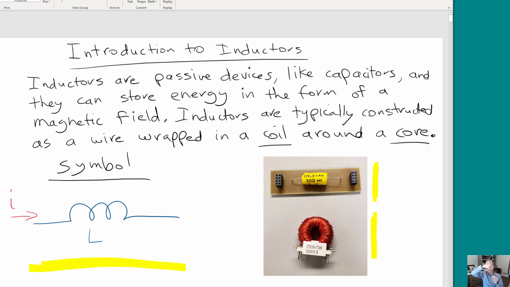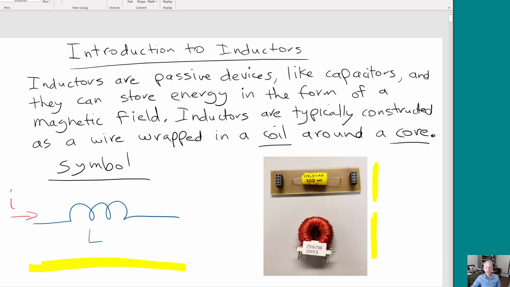So it's wrapped up in a spiral around it, and both of those inductors have cores inside of them. And the bottom one is most likely what's called a choke, like an RF choke, like a high frequency choke, because it reduces high frequency signals and allows low frequency signals to pass, which is the general property of inductors anyway.